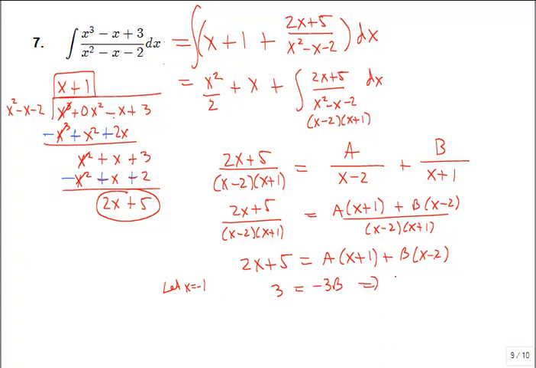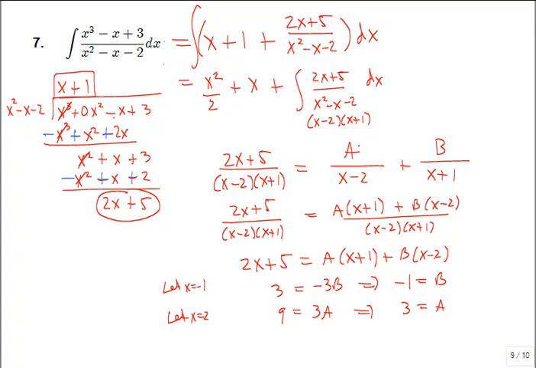So that tells me that negative 1 equals B. What would make this factor go to 0? 2. So let's let x be 2. 2 times 2 is 4. 4 plus 5 is 9. 2 plus 1 is 3, so this will be 3A, and this term goes to 0. So this tells me that 3 equals A.